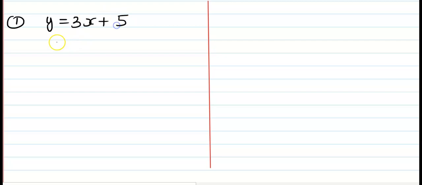Now the next question: y equal to 3x plus 5 and y equal to minus 2x plus 5. Are these lines parallel, perpendicular, or neither? If you see, with x what is there? 3. With x what is there? -2.